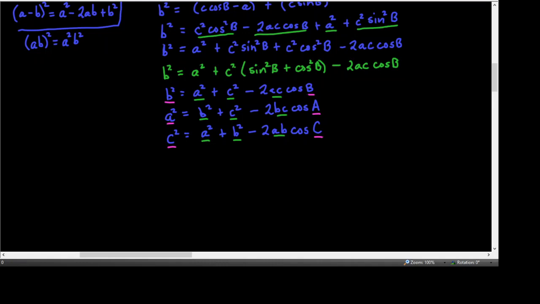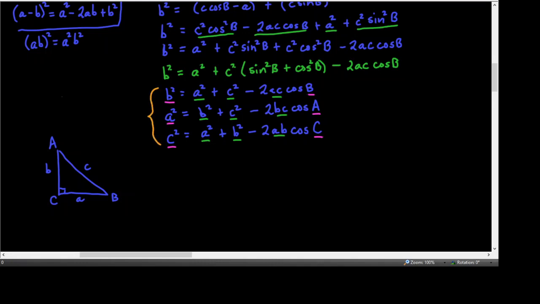Now, one thing I think is extremely cool is if we happened to have a right triangle and I happen to call the right angle C, and I'll just call these randomly A and B. So this is side C, side A, side B. If I wanted to use the Law of Cosines, which, by the way, I'm not sure I said that that's the name of what we just did, so let me make sure that you have that.